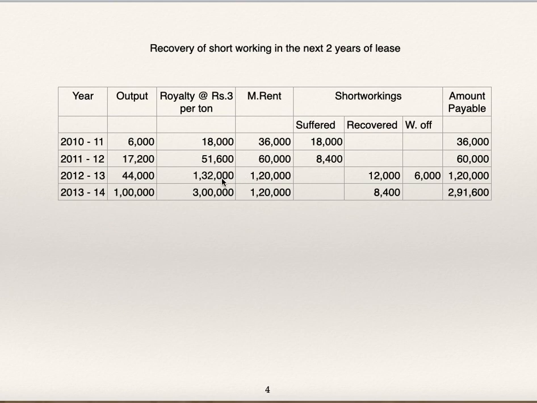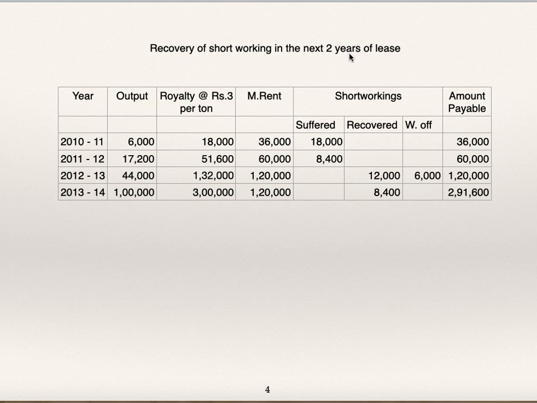For the year 12-13, royalty is 1,32,000, minimum rent is 1,20,000, royalty is more, so he can recover whatever he has suffered in the earlier years. In the year 10-11, he has suffered 18,000. Now he can recover only 12,000. Difference between 1,32,000 and 1,20,000 is 12,000.